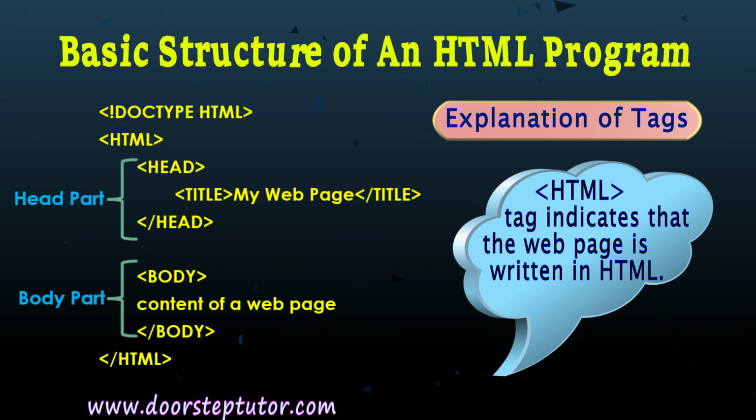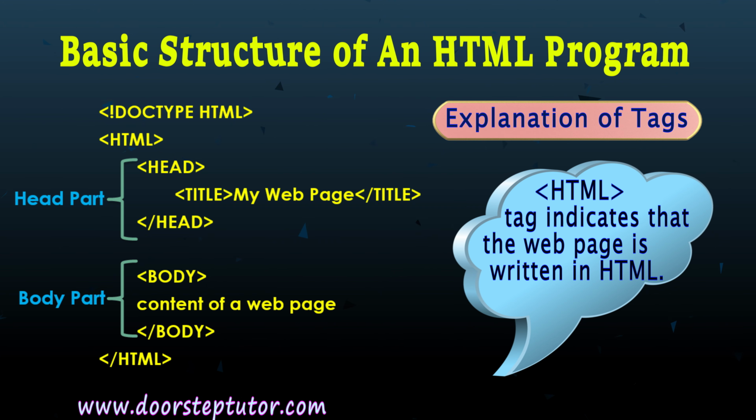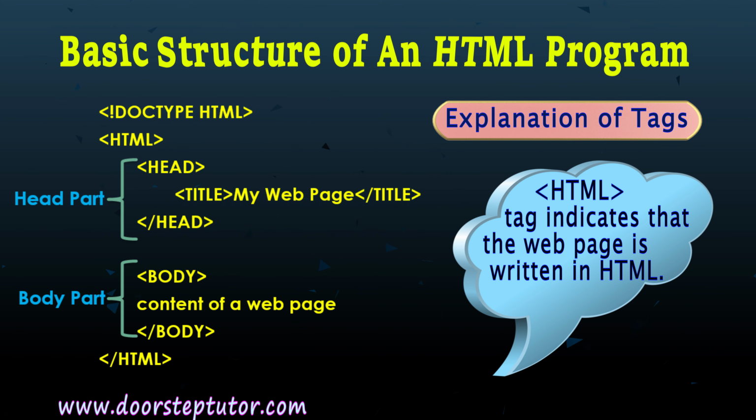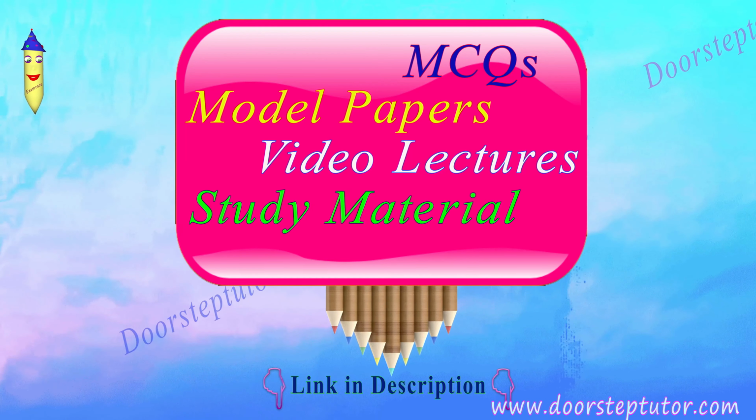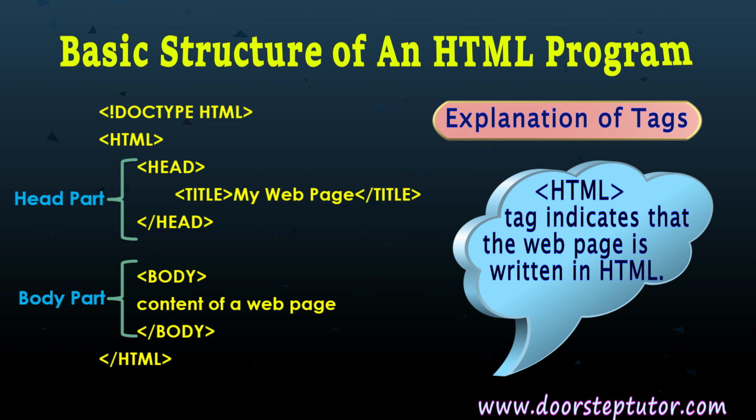The two basic and important parts of the HTML program are the head part and the body part, as we can see over here. I have given a one line explanation for these tags, like doctype, it is for the version of HTML.